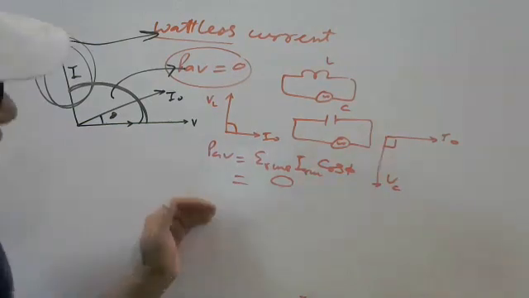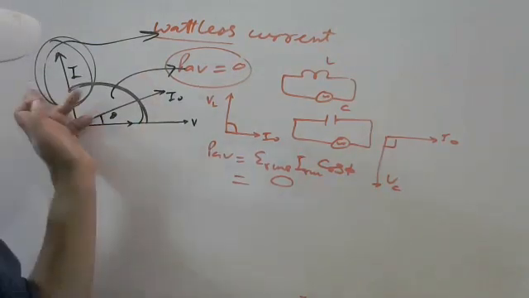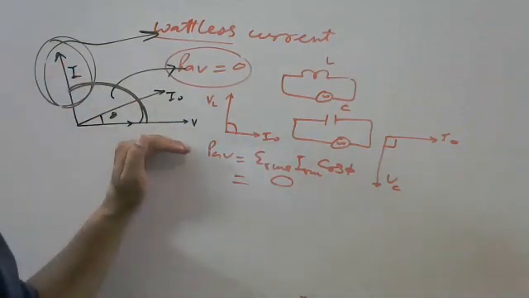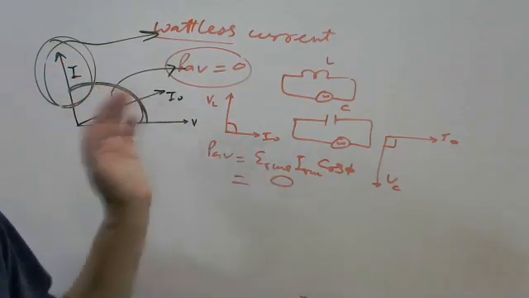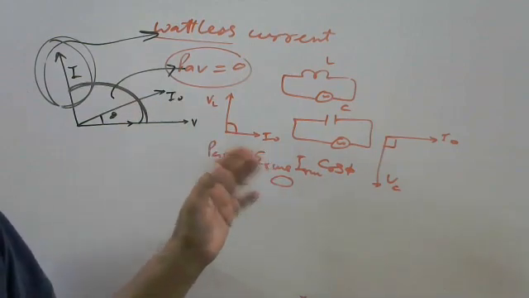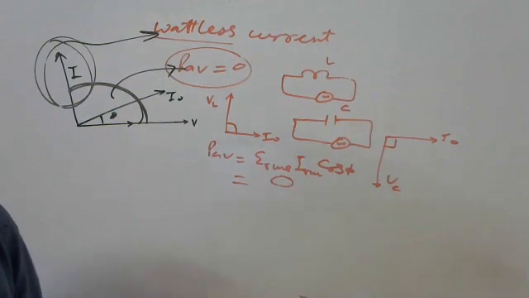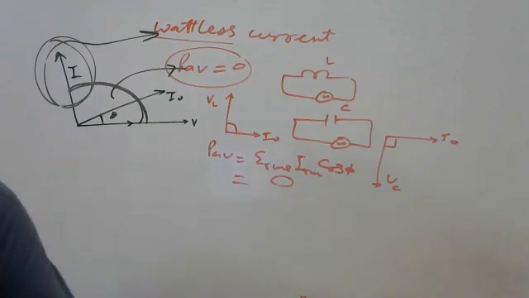After resolution, current can be resolved in two parts, parallel and perpendicular. So perpendicular current to the voltage will give you 0 power, wattless current. So wattless current means the current having no power, 0 power, average power is 0 in one cycle.